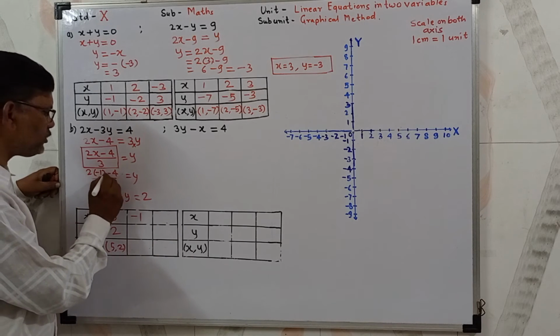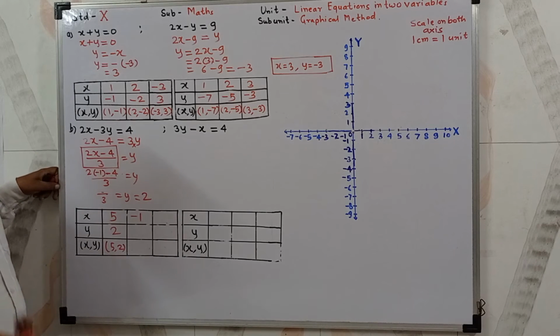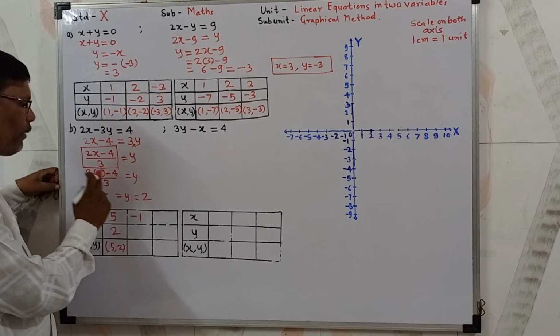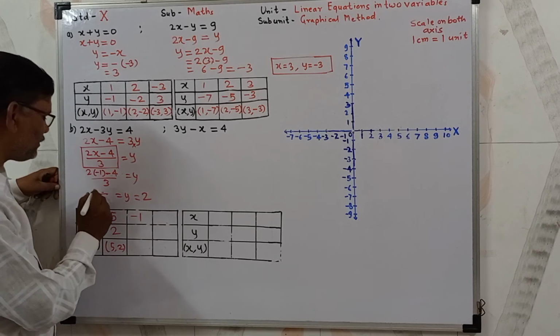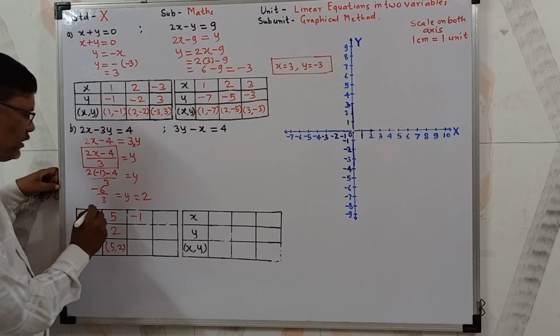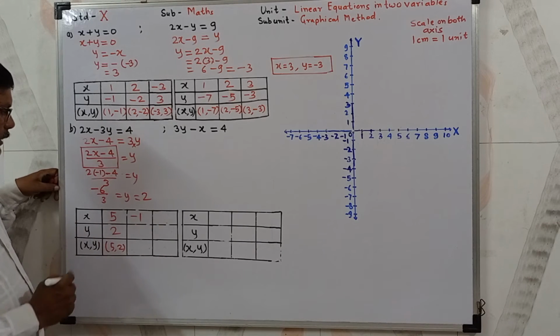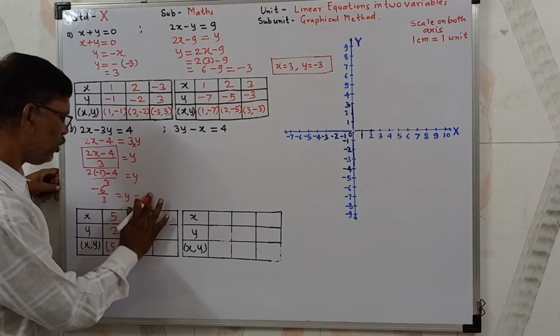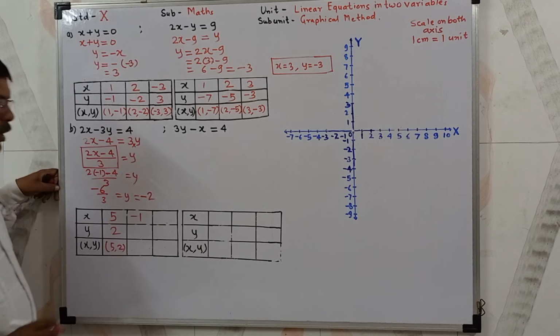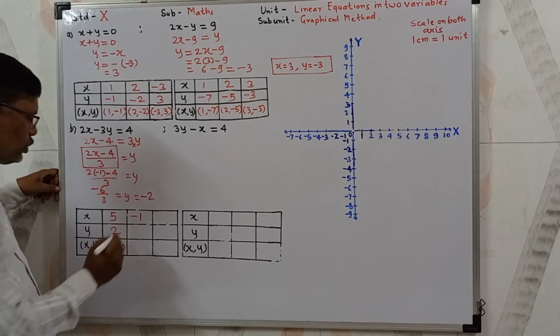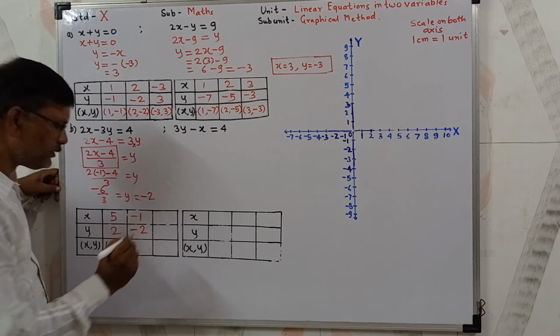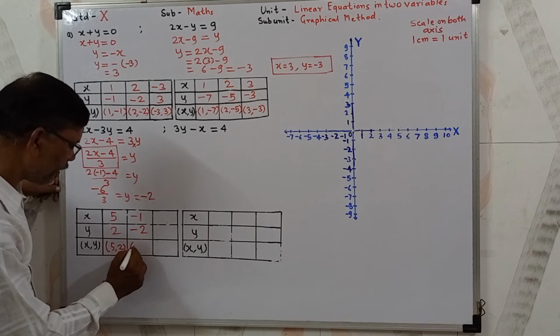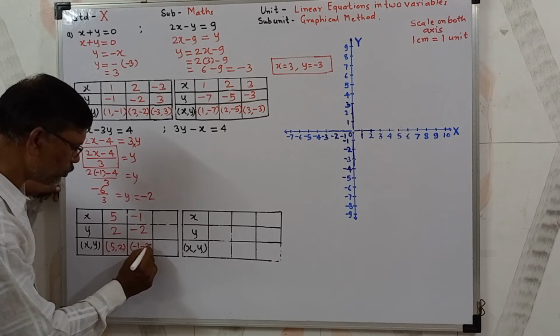Minus 2 and minus 4, minus 6. Minus 6 upon 3. 3 2s are 6. So the value of y is minus 2. So the point is (minus 1, minus 2).